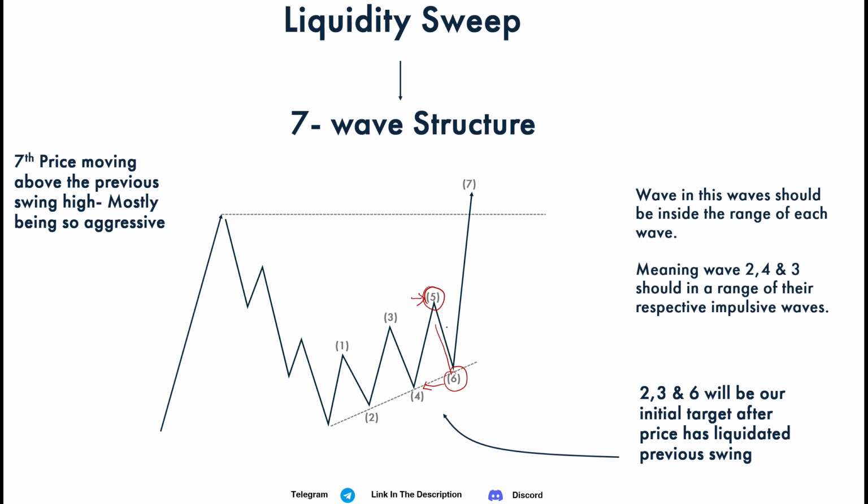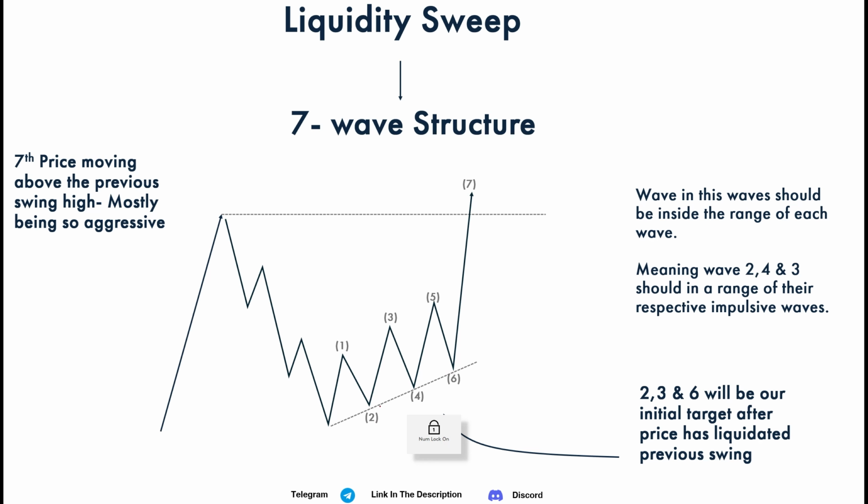And then here, price will make the last move, which will trade above this high here. And then this is where you should be looking to take your sell positions. But you can use your own strategy to enter the market right here. Any strategy with confirmations will be good to enter the market right here. Only if you have these structures here.